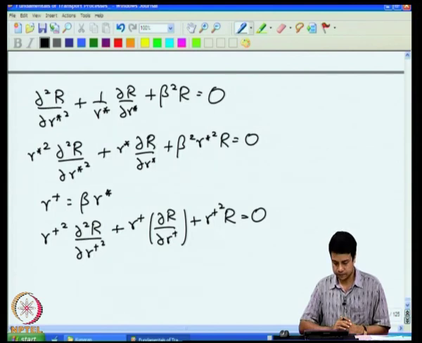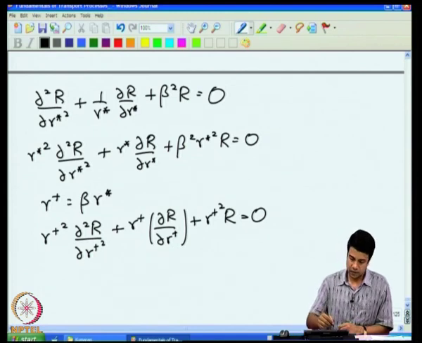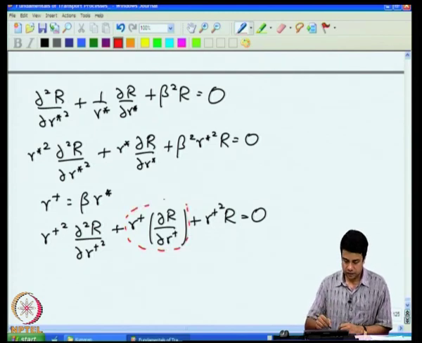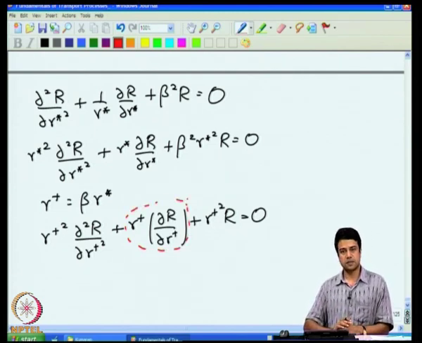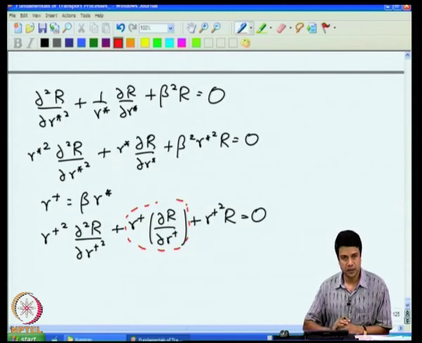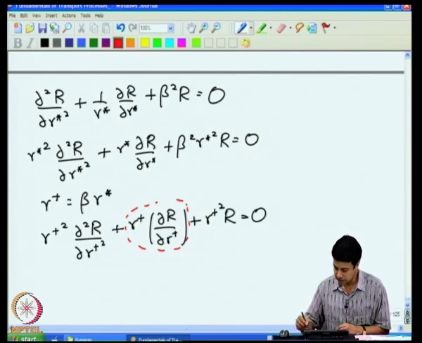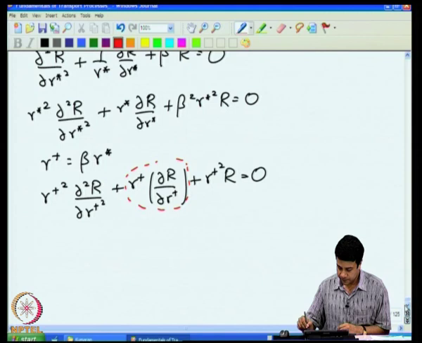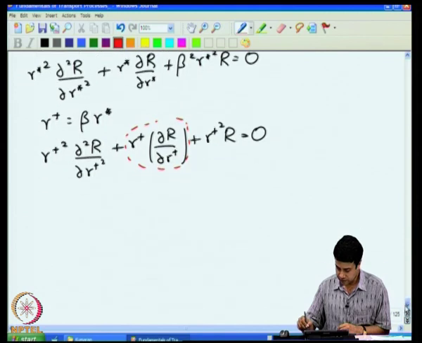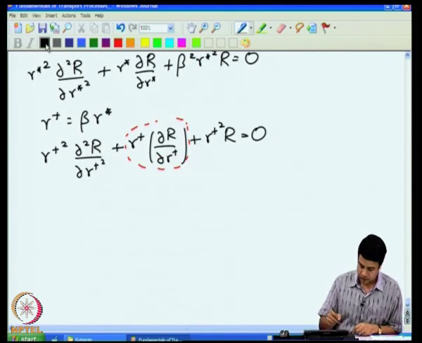This is the differential equation we have to solve. If you recall, when we did the same thing in Cartesian coordinates, this term was not there, and therefore, we managed to get a solution just in terms of sine and cosine functions. In this case, there is this additional term present, which means that the solutions are not sine and cosine functions. They are a class of special functions called Bessel functions.